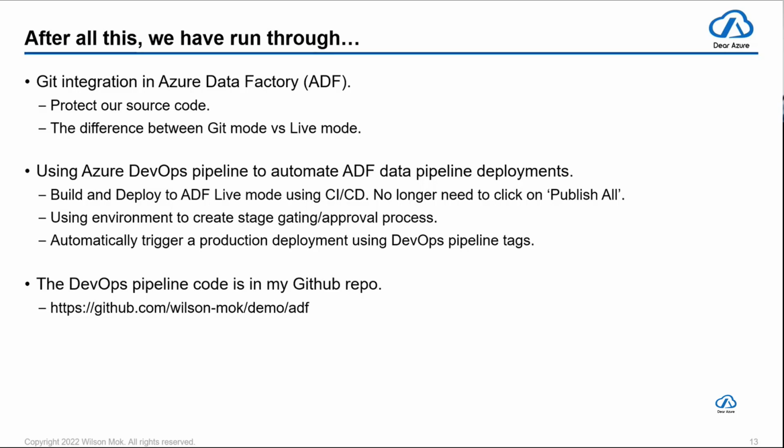We should be able to automate the trigger for the production deployment using tags, and I'll take a look a little bit more on why that wasn't working offline. And finally, all the code you guys just saw in the demo, they're all available in the GitHub repository that I have under the demo/ADF.